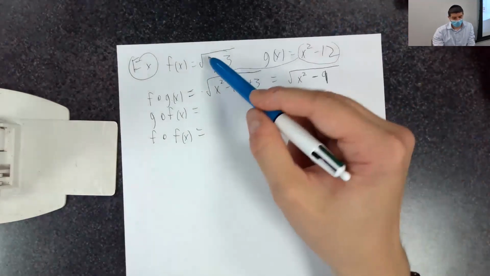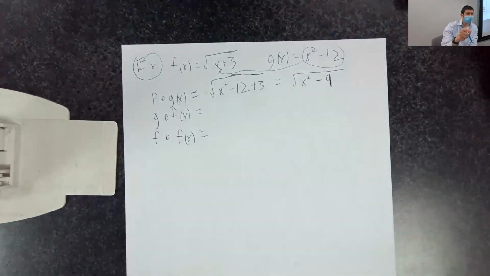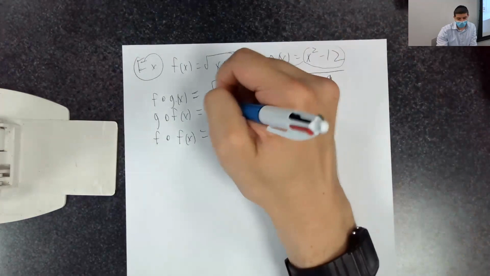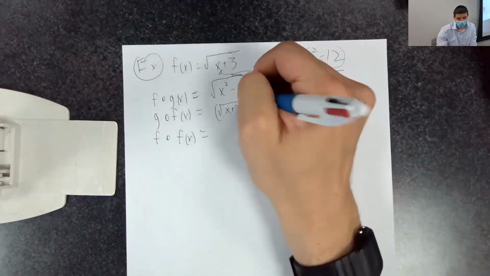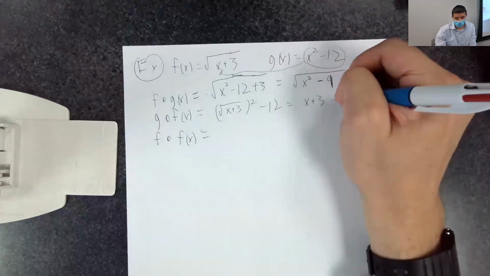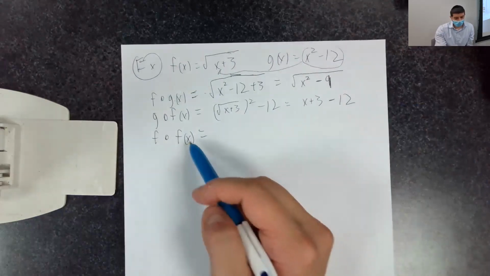g of f, we plug f right into g. Yeah, you want to try? It's going to be radical x plus 3 squared minus 12. So x plus 3 minus 12. f of f.